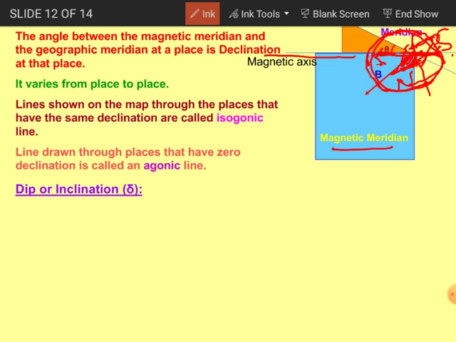So it moves to and fro in this plane only, the plane of the magnetic meridian. After moving to and fro for some time, it settles down here at some angle, and the direction of this north pole is the direction of the earth's magnetic field.